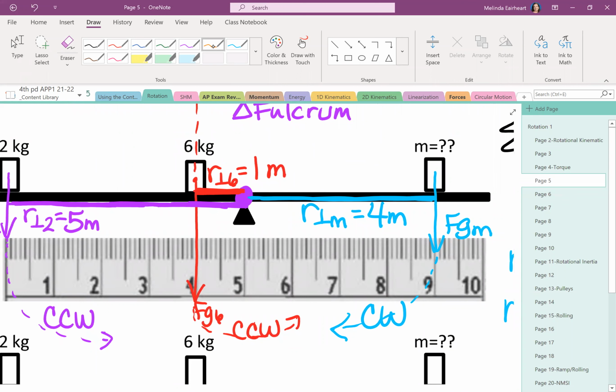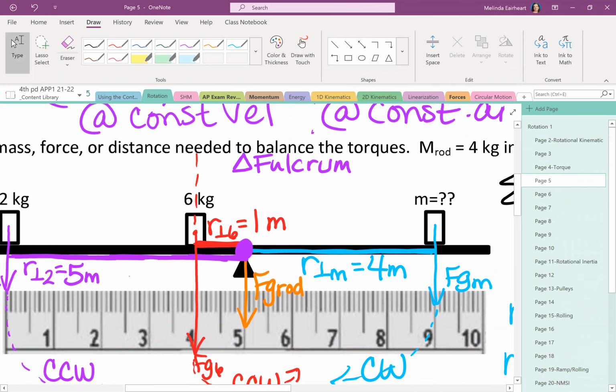Yes, and if you go to the center of mass of the board, you would put that force right there at the fulcrum. Before torque, you've got to have a lever arm, right? And so the lever arm for the rod is what if your force goes through the fulcrum or axis? It has 0 lever arm, so it has 0 torque. That's why I didn't take it into account.